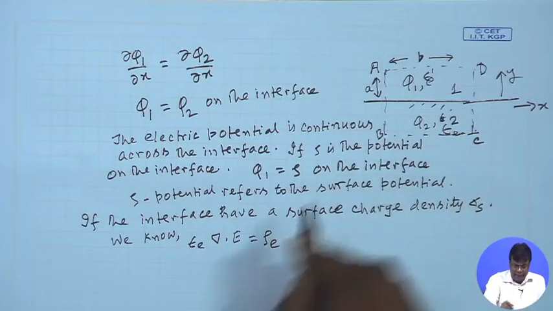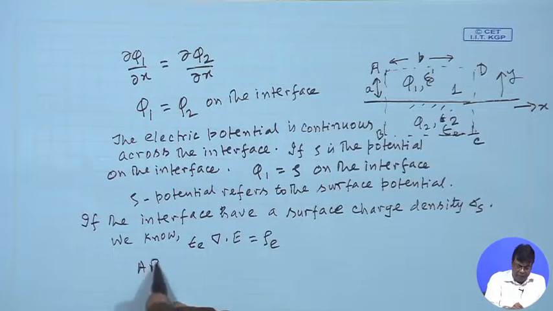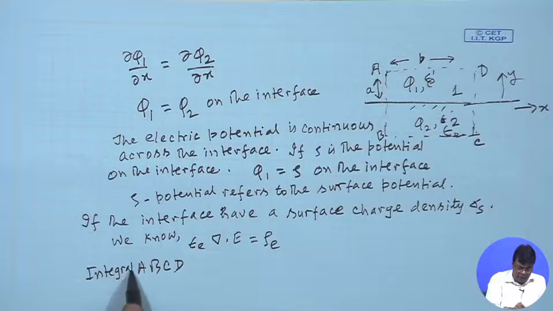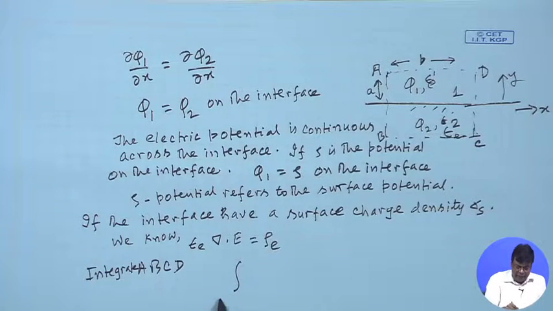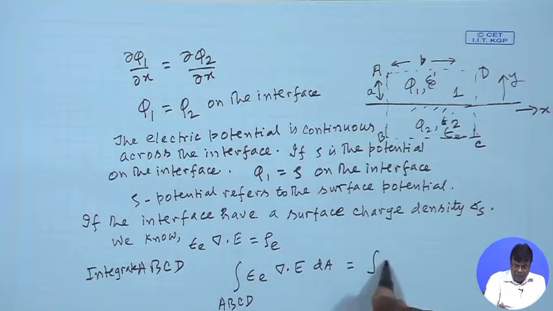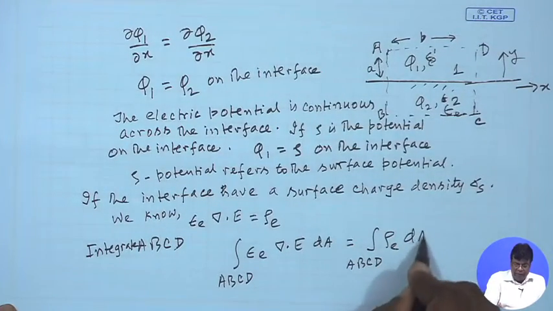If I now integrate this equation over the area ABCD across the interface, I get the integral of epsilon E divergence of E dA equal to the integral of rho E dA over ABCD.